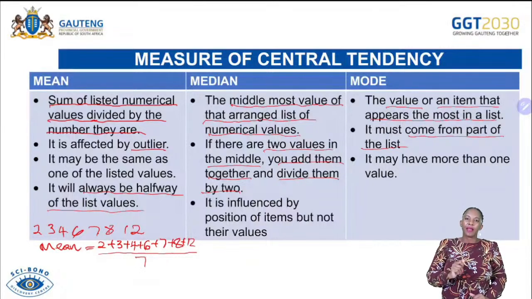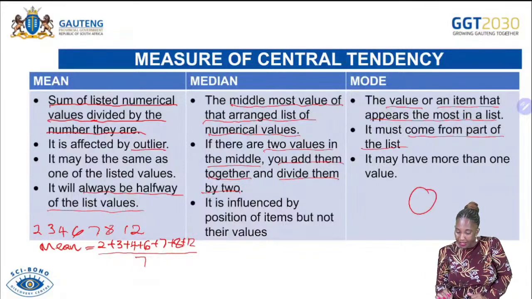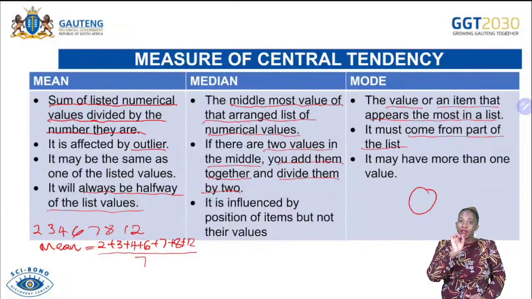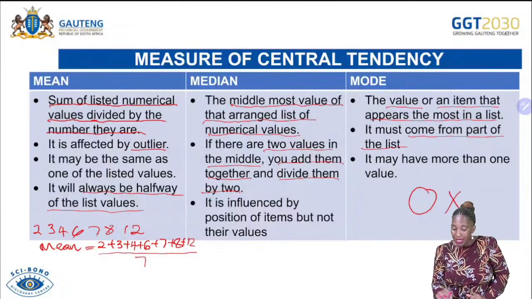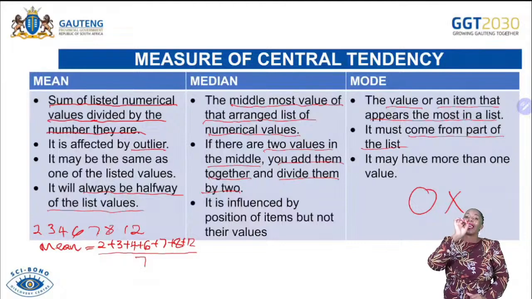And remember, in the exam, if an examiner asks you what is the modal of the data set, and when you look at it, there is no number that is repeating itself. If you write the number 0, that means you are wrong, because we say a 0 is a number.